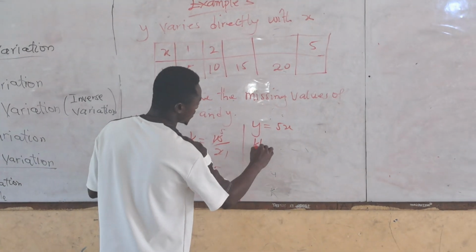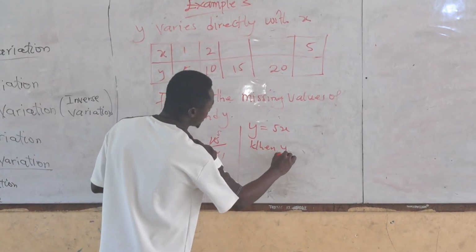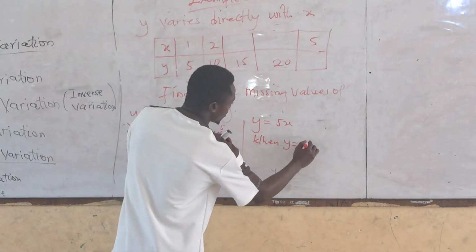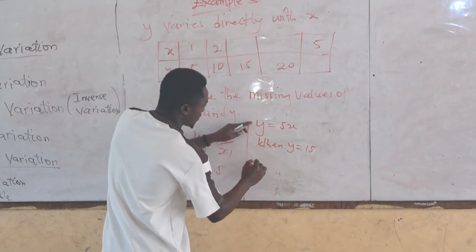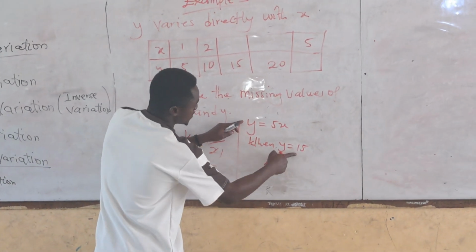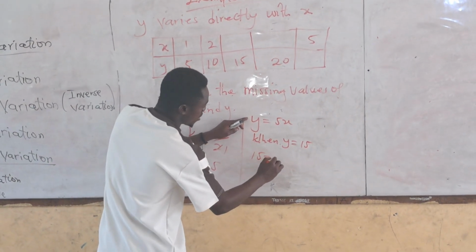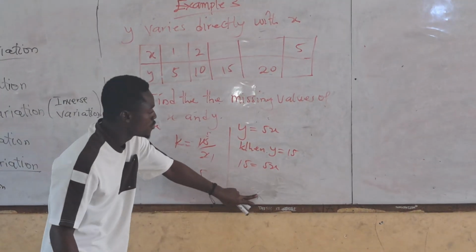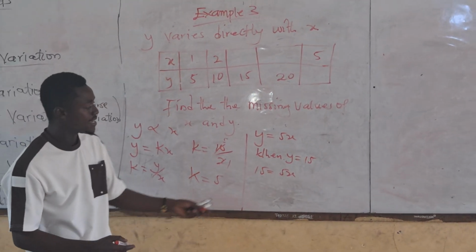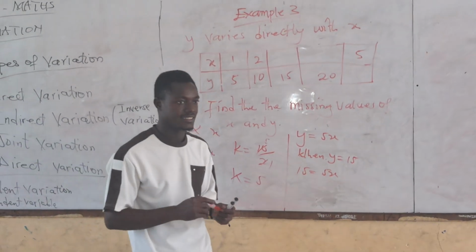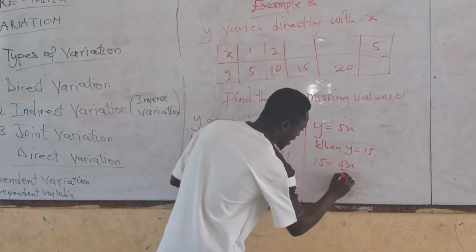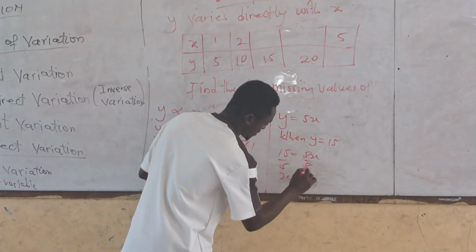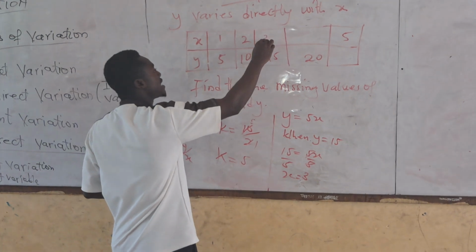So when y equals 15, it becomes 15 equals 5 times x. So we want x, not 5x. So we divide both sides by the coefficient of x, by 5 here and also by 5 here. Therefore, our x is equal to 3. Therefore, the value here is 3.